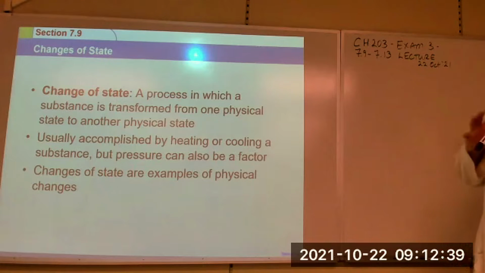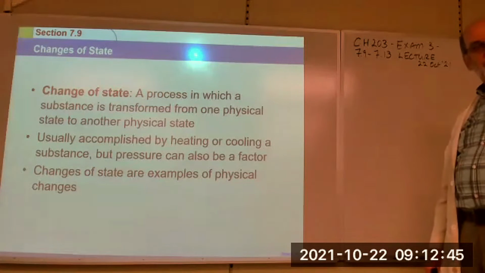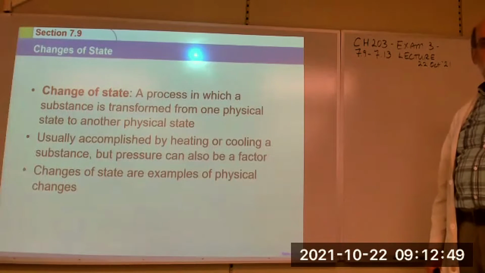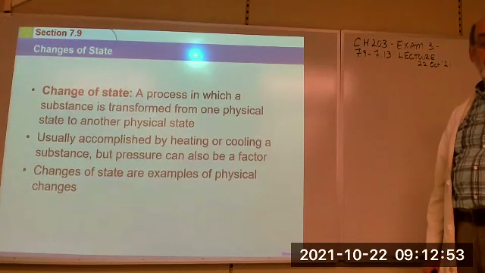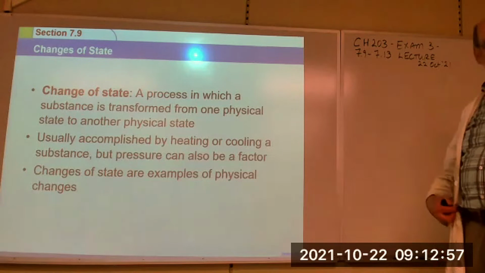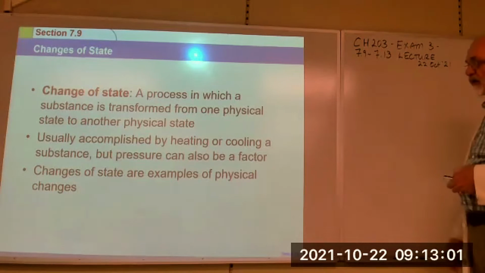So we only have to consider those three. When something changes from one state to another, its identity remains the same. It's like melting ice. You still have water, only it's liquid now instead of solid. It didn't change its chemical identity. That's a physical process.